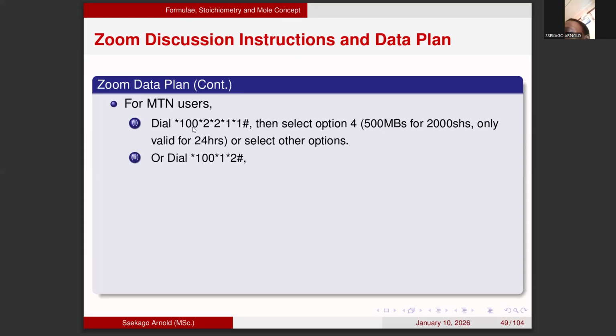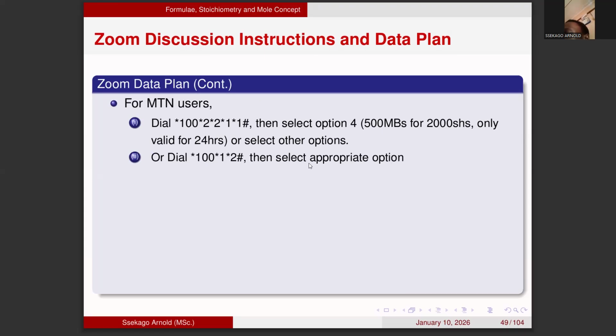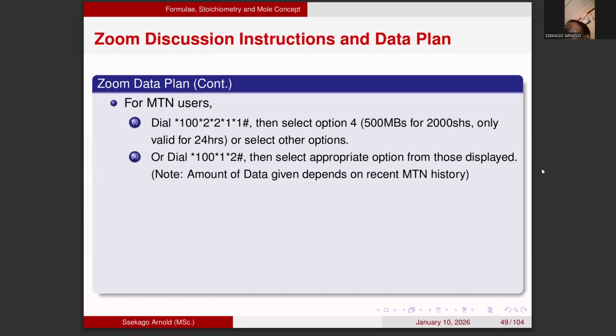Now, if you don't use this first option, you can as well dial *100*1*2#. Then select an appropriate option from those that will be displayed. And note that for this second option, the amount of data given depends on your recent MTN history. What do I mean?